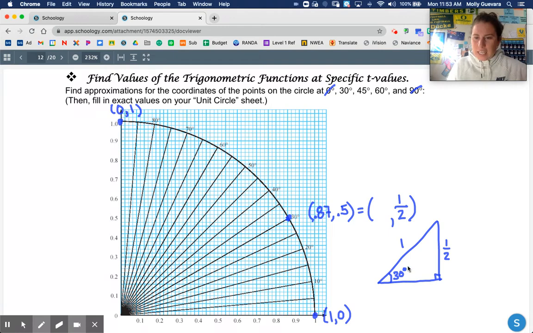But basically, I can use what I know about 30, 60, 90 triangles, which tells me that whatever this value is times 2 gives me this value. And then whatever this value is times square root of 3 gets me the side along the 30. So 1/2 times square root of 3 is square root of 3 over 2. So that would be the exact value there.